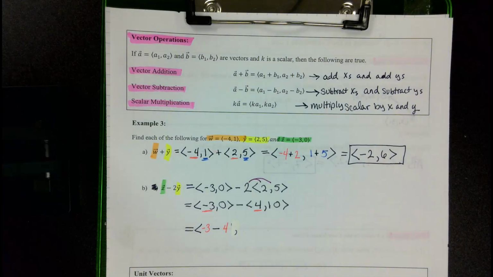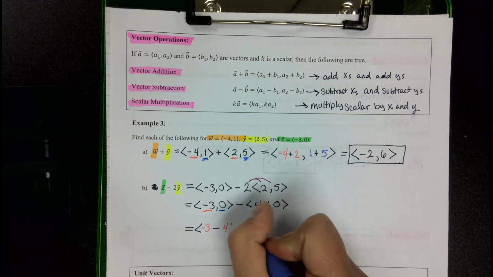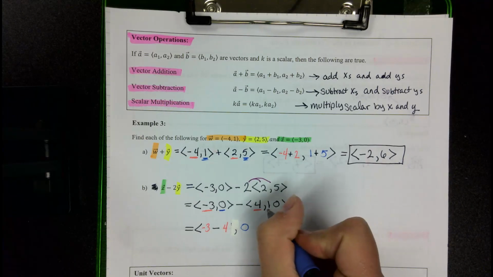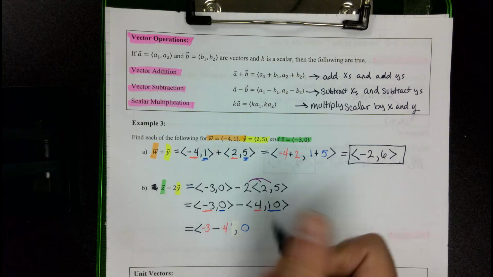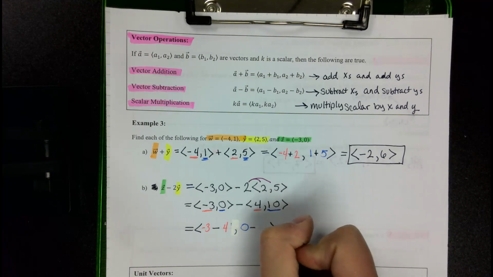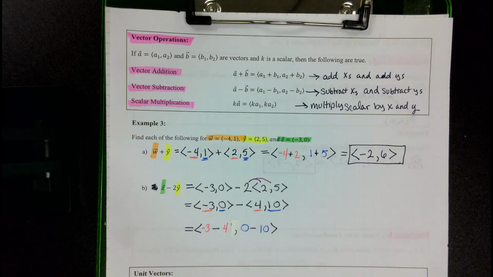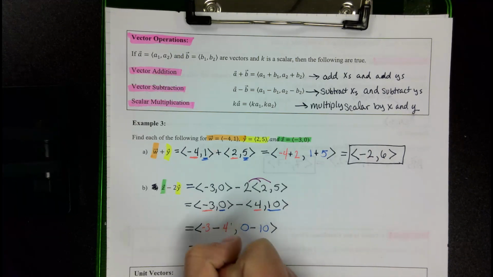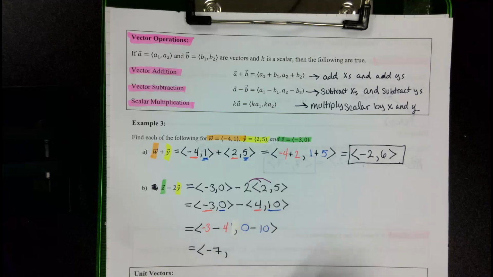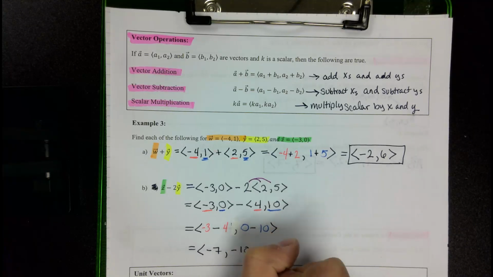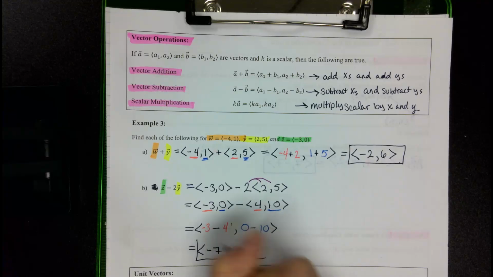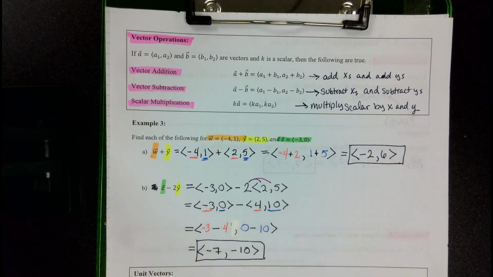And then for the y's, I have 0, and I'm going to subtract 10. Okay. So now I have negative 3 minus 4, which is going to give me negative 7, and 0 minus 10 gives me negative 10. So there is my result.